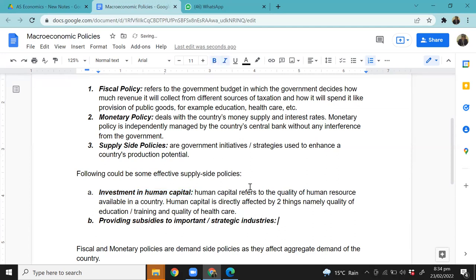So Pakistan is very popular for, let's say, agricultural goods and textiles. So if we give subsidies to these industries, especially the ones that are contributing to our GDP, as we just talked about in previous lectures, then that could really boost our exports. Yes or no? Right?